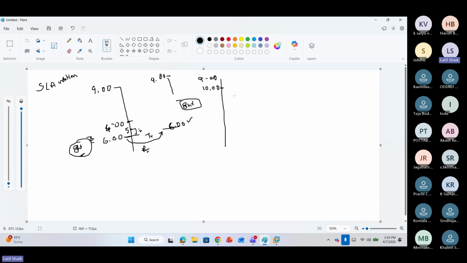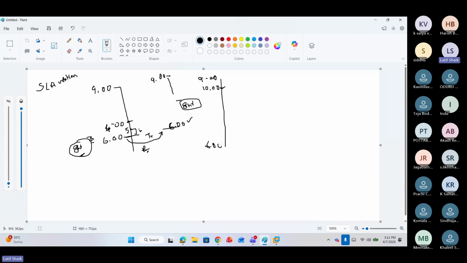At 10 o'clock you got the ticket, 8 hours. So when is it going to be complete? By 6 o'clock. 10 o'clock plus 8 hours means 6 o'clock.